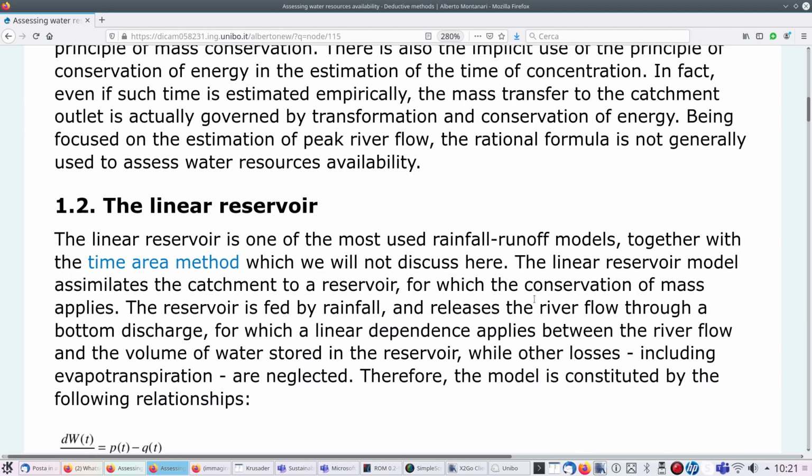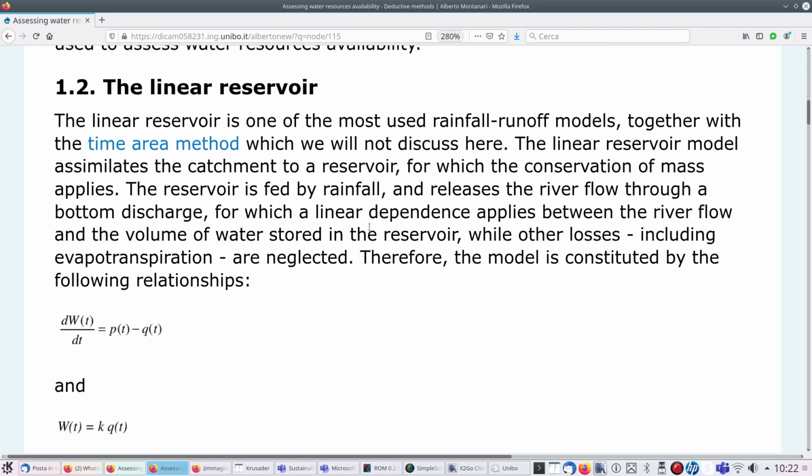And the linear reservoir, alongside with another rainfall runoff model, which we don't discuss, which is called the time area method, it's linked here. We will not discuss this latter model. The linear reservoir, together with the time area method, is widely used to assess water resources. It's a rainfall runoff model that is widely used for water resources assessment.